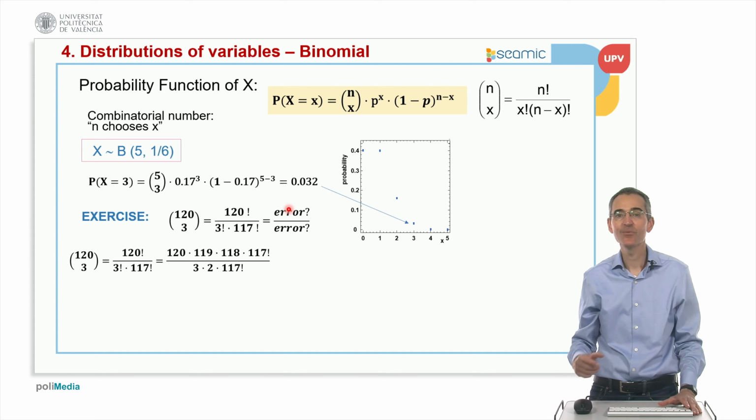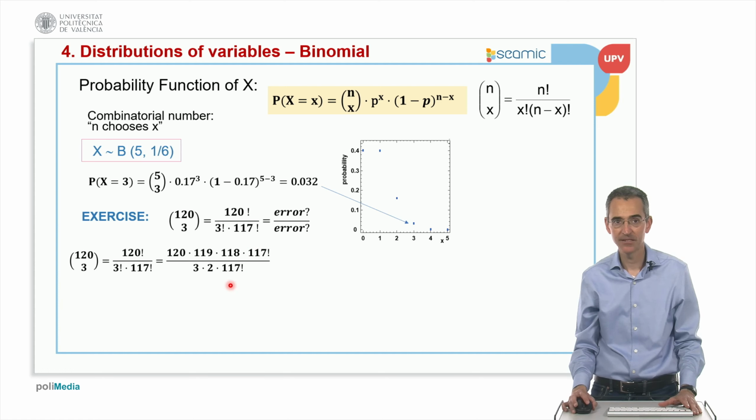Then how can we do that? Well, the way to solve this is the following. We have to apply the recurrent property of the factorial. What does it mean? 120 factorial is 120 multiplied by 119 multiplied by 118 multiplied by 117 factorial.